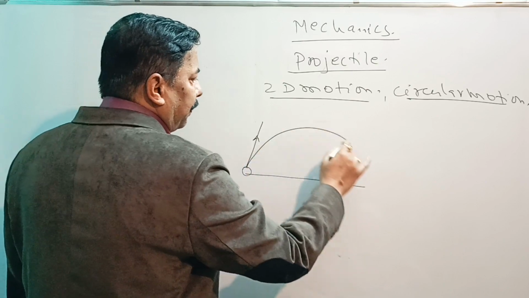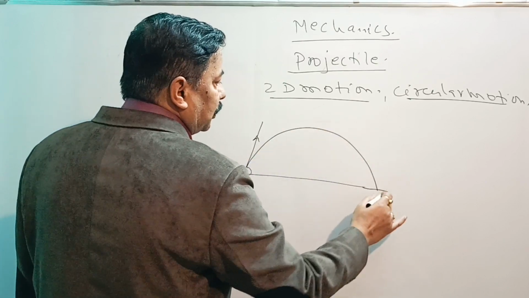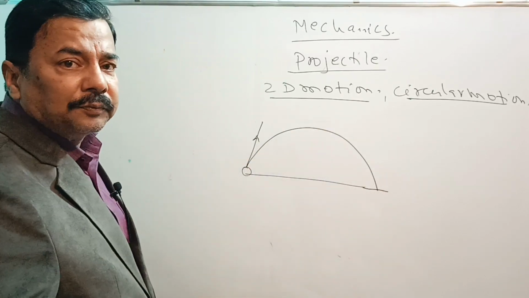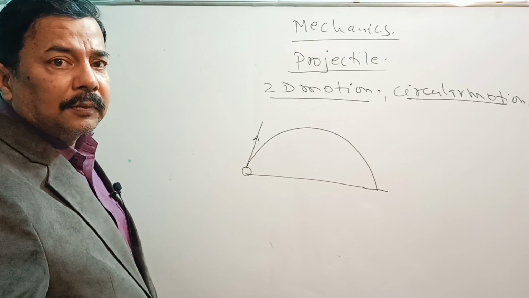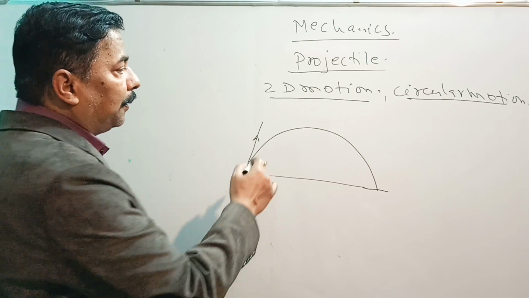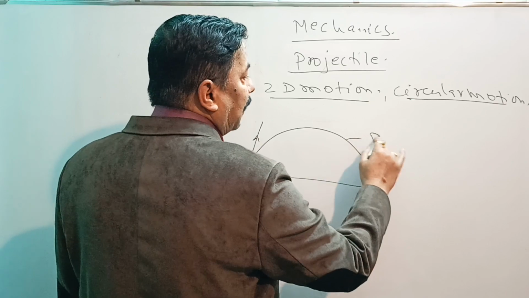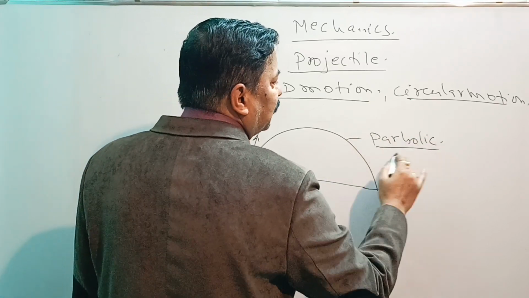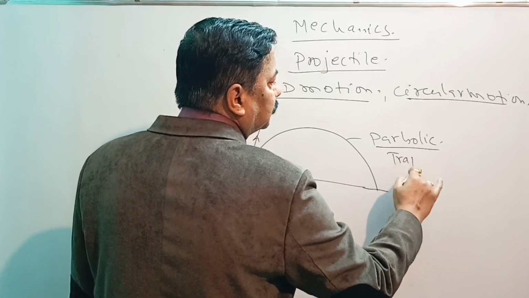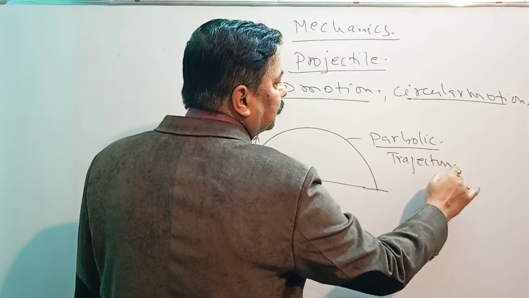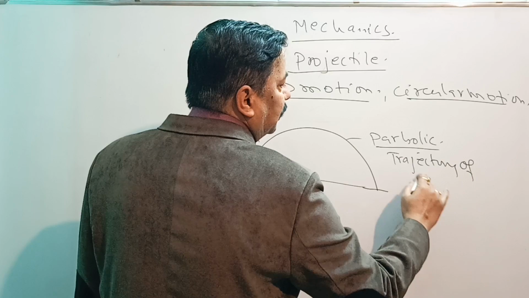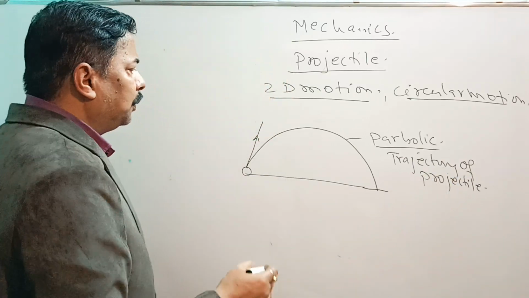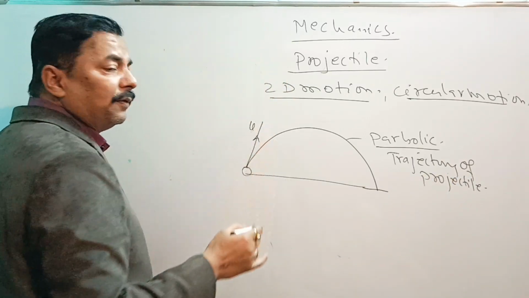It will follow a path like this. You might have observed that a footballer kicks the ball, that takes a parabolic path. This path is parabolic, and this is the trajectory of projectile.